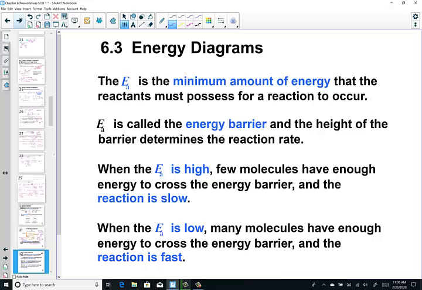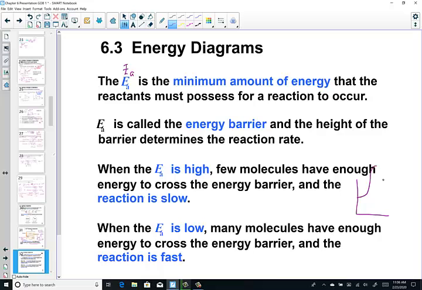We know that the activation energy is the minimum amount of energy needed to get over that barrier for a reaction to occur. We label E sub A as activation energy. EA is the energy barrier at the height of the reaction rate. So think about that just looking at this diagram.